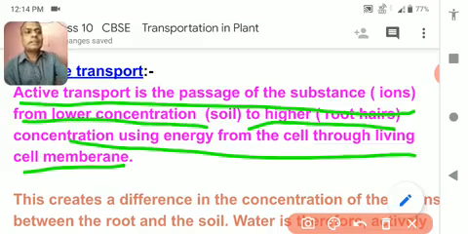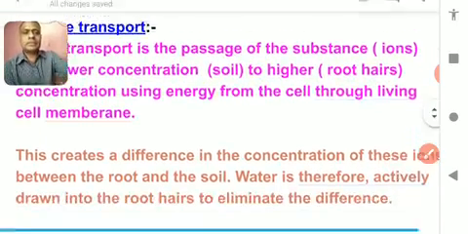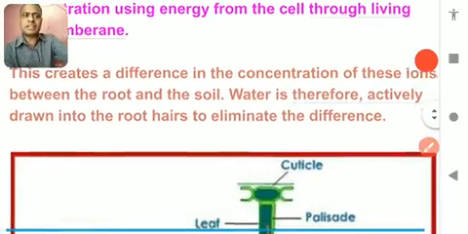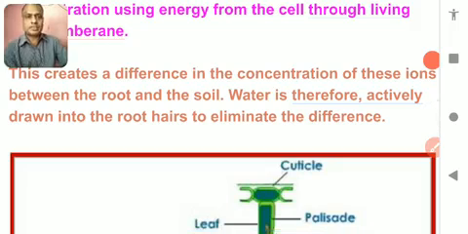So this is called active transport. This creates a difference in the concentration of ion between the root and the soil. You can easily see the difference outside and inside of the root hair. Outside the concentration is low with respect to the inside. So when active transport takes place, by utilizing energy, the ion is transported into the root hair.